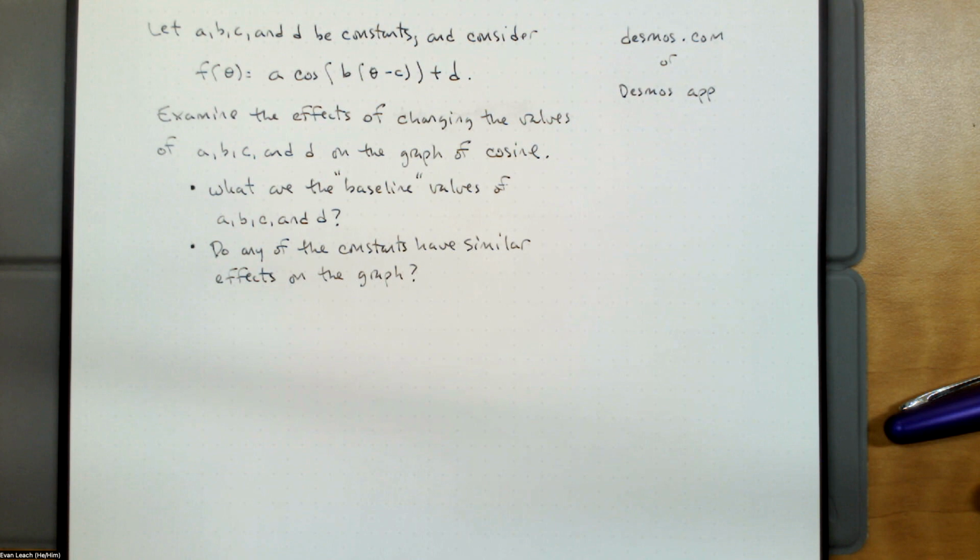And then I want you to look for things that are similar in the effects they have. Which of the constants have similar effects on the graph when you change them? And describe how those effects are similar.